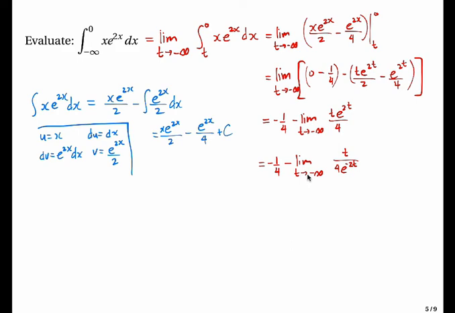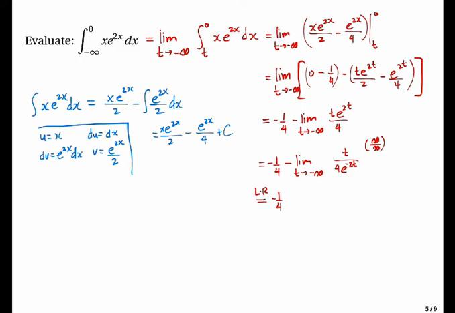Because as t goes to negative infinity, the numerator goes to infinity, minus infinity to be more particular, and e to the minus 2t goes to e to the plus infinity. So the denominator will also be infinity. So this is an indeterminate form of type infinity over infinity. So we apply L'Hopital's rule.